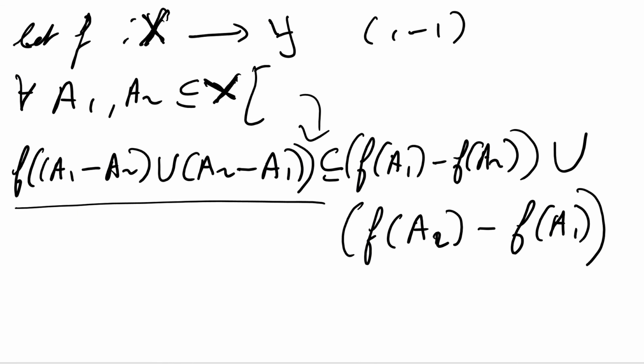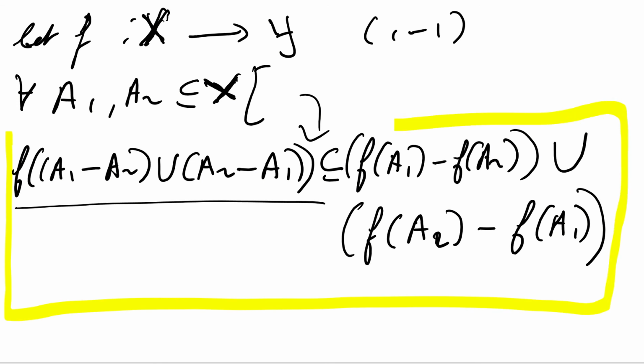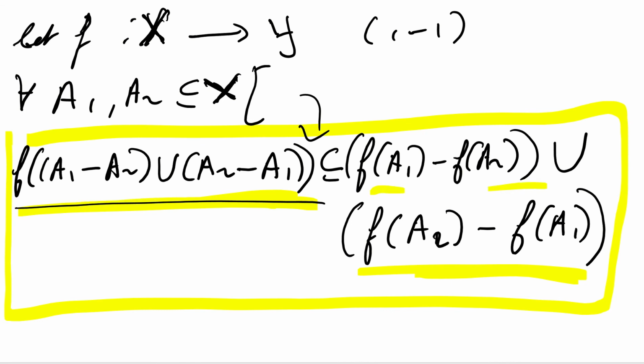So you need to show that this is true, knowing that f is one-to-one. Like we did in the previous chapter, in order to show that this is true, we must pick something in this set and show that it belongs to this part. So that's what we need to show.